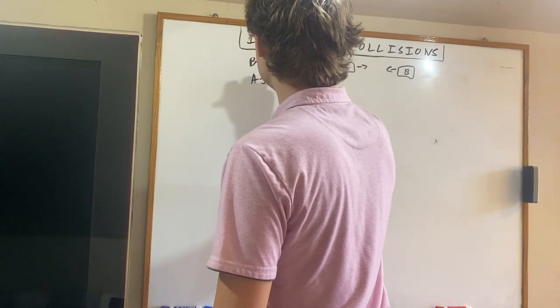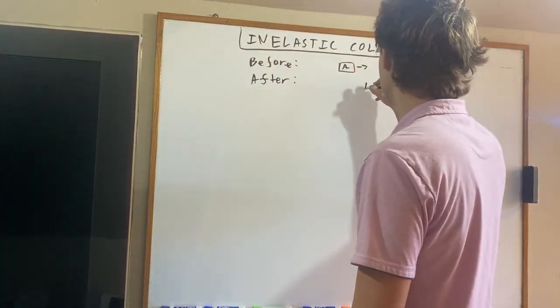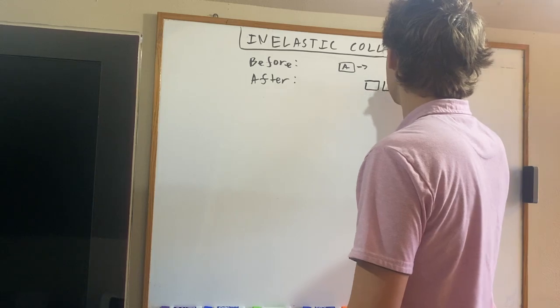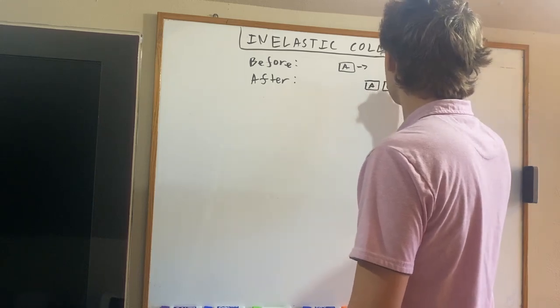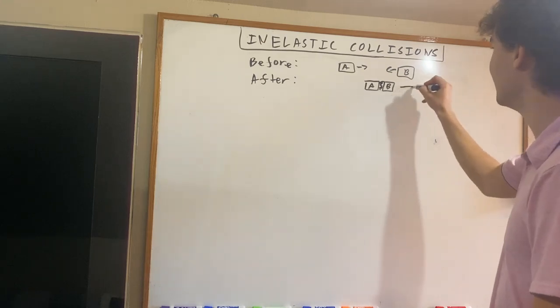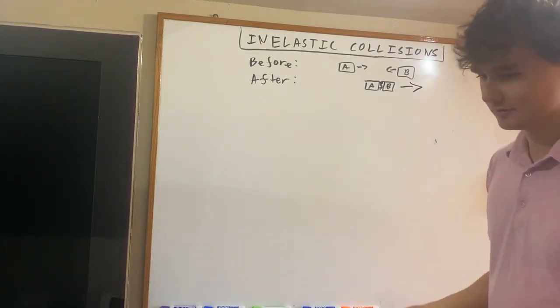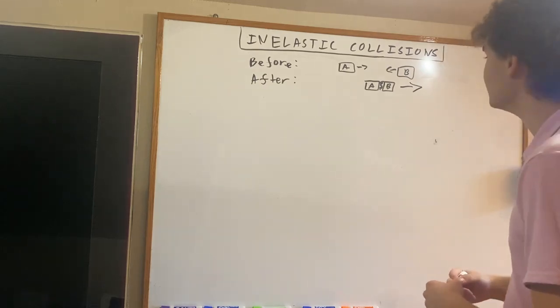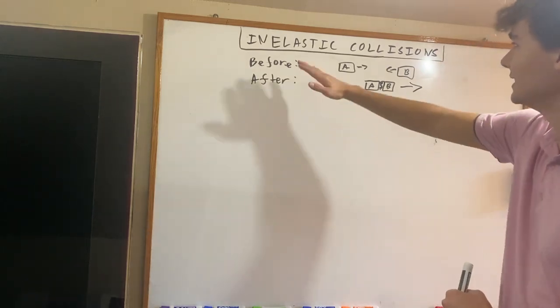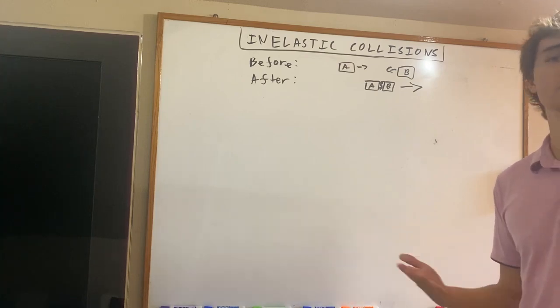And then after the collision, what you're going to have is object A and object B connected to each other. And then they're both moving this direction or the other direction depending on whatever happens. But the important thing with inelastic collisions is they move together.